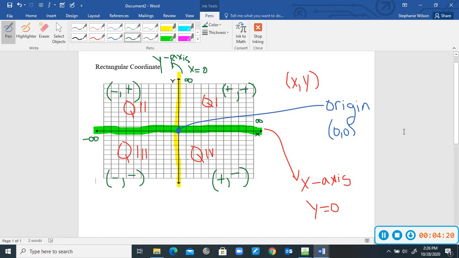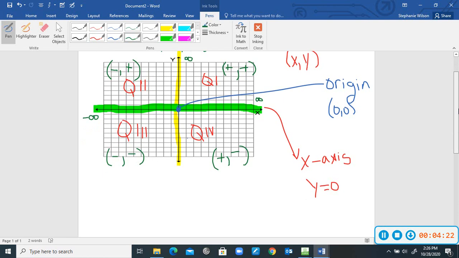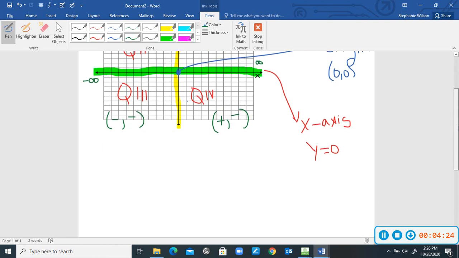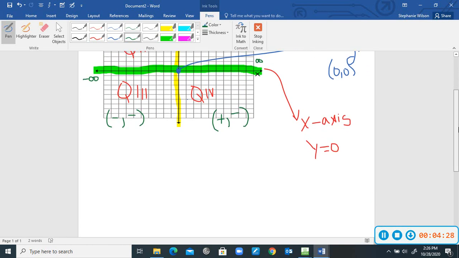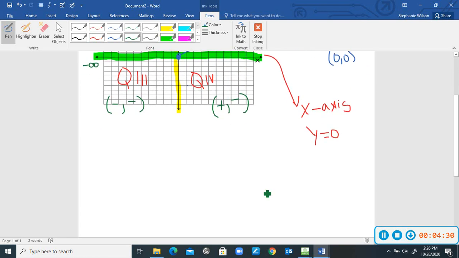So I wanted to talk to you just a little bit about slopes of a line. Whenever we have a graph, we may have a slope of a line that goes up from left to right, and that is called a positive slope.